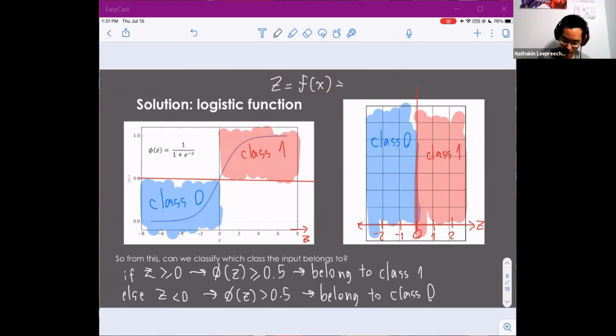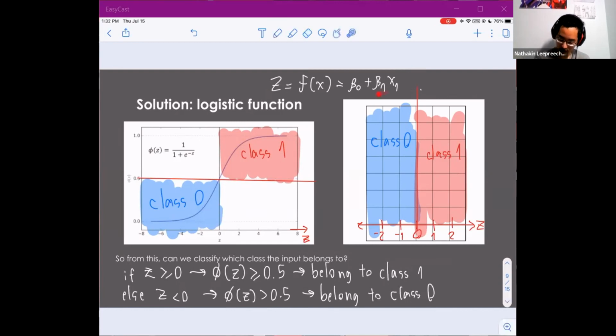Generally it serves the same purpose. It's the same thing as beta 0 plus beta 1 x1 plus beta 2 x2 plus dot dot dot until the end of some feature. But in this case, let's just make it a general line equation so that it doesn't confuse us. Let's just remove everything else for now.